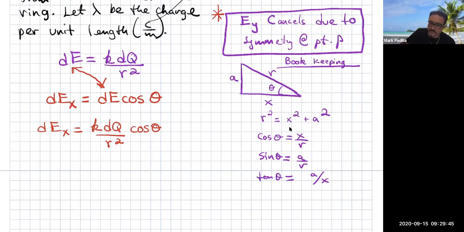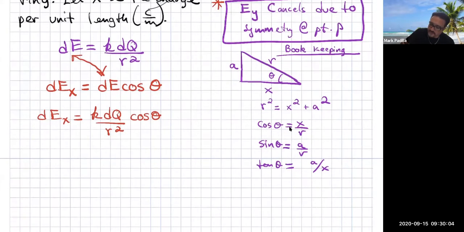Now this is the really important part that you need to establish in your head. What variables are changing while you're integrating around the ring, and what variables are not changing? So you need to write a list: change, not change.